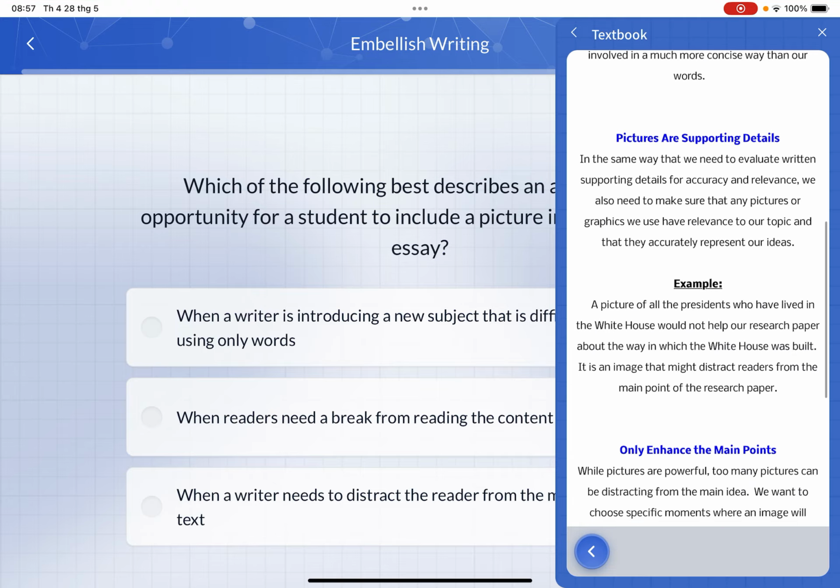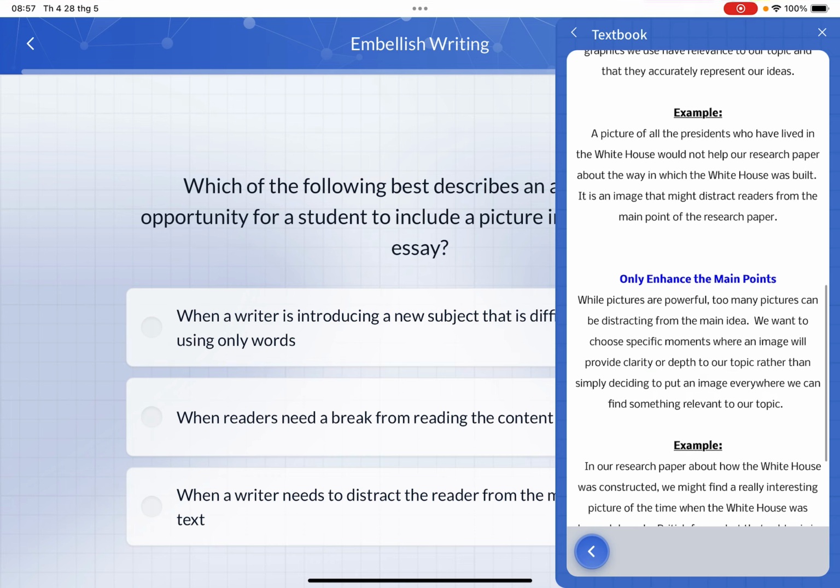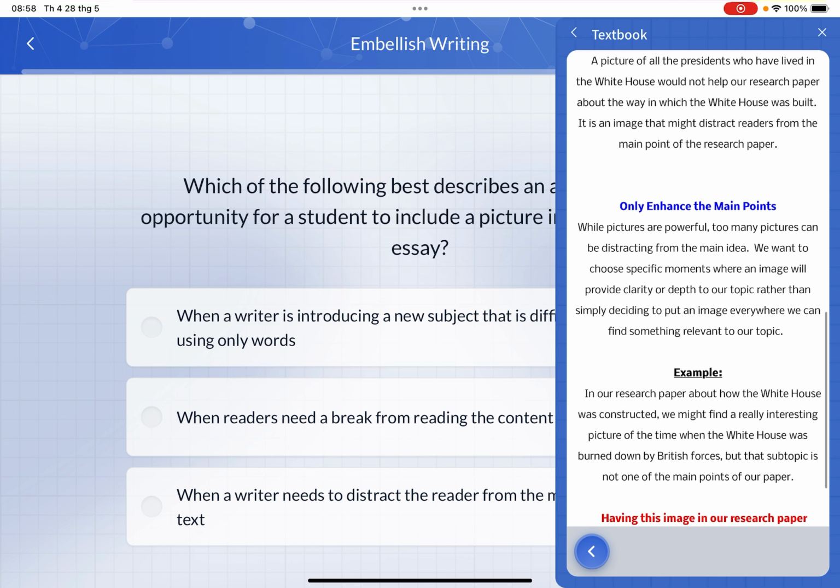However, the pictures and images that we use have to support our writing. They have to support the ideas in our writing. And remember that when we are using pictures, pictures are very powerful, but too many pictures can be distracting from the main idea.